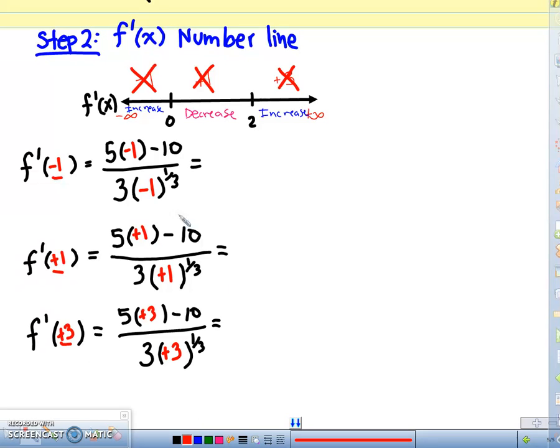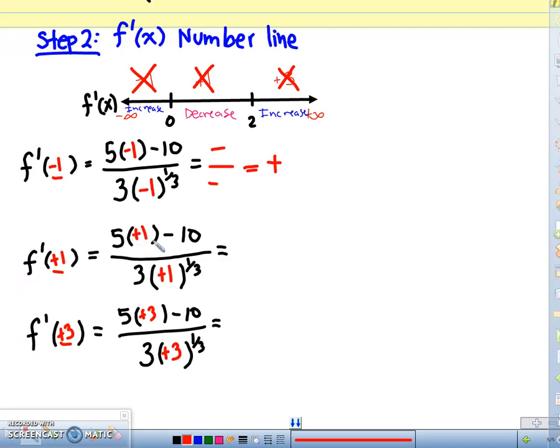If you notice, I did this without showing any work. You can do this in your head. 5 times negative 1 is negative. Negative minus a negative is a negative over, and then 3 times negative 1 to the 1/3. That's the cube root of negative 1, which will still be negative 1. So it's a negative over a negative, which will produce a positive.